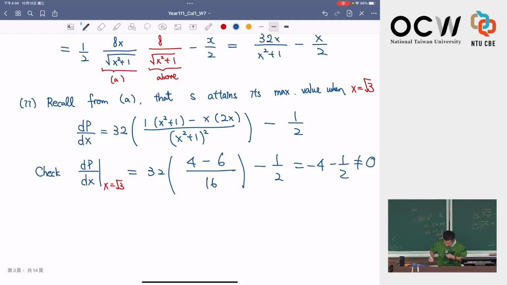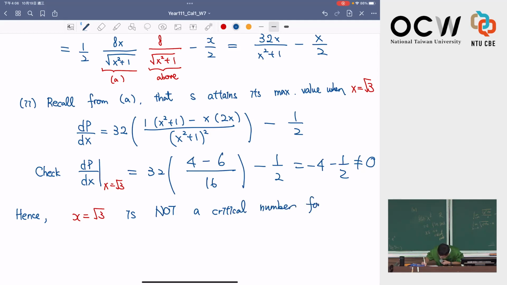So that means that the point x equals root 3 is not a critical number for P, and moreover, also not a boundary point.